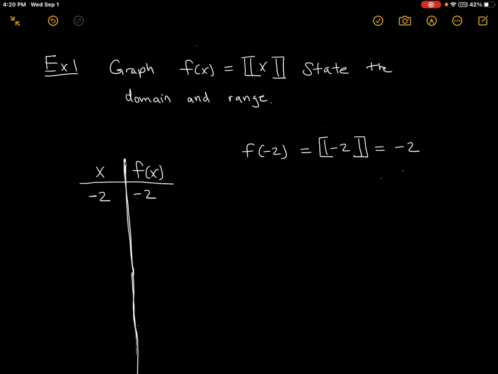Let's get bigger in value. What if I plug in -1.9? F of -1.9, what is that? Again, you have to think of the greatest integer less than or equal to -1.9. It has to be an integer, and a smaller number than -1.9 that's an integer would also be -2. And so forth, you can keep going.